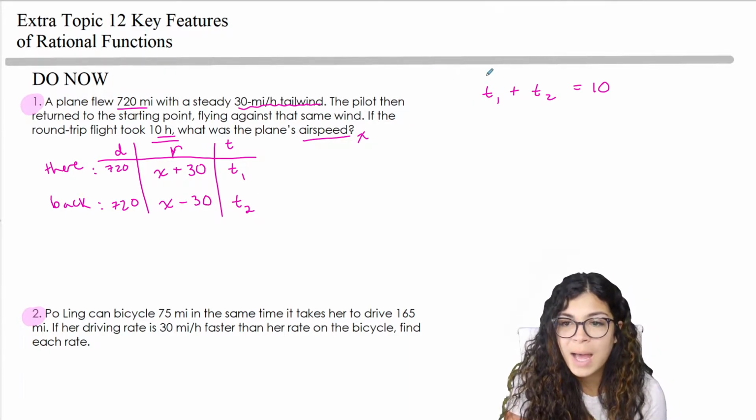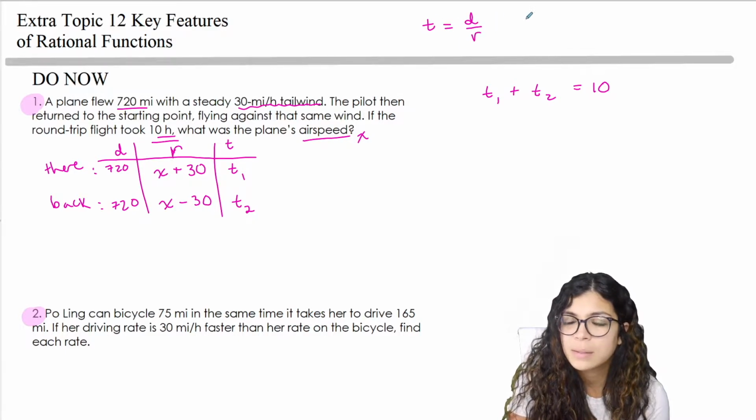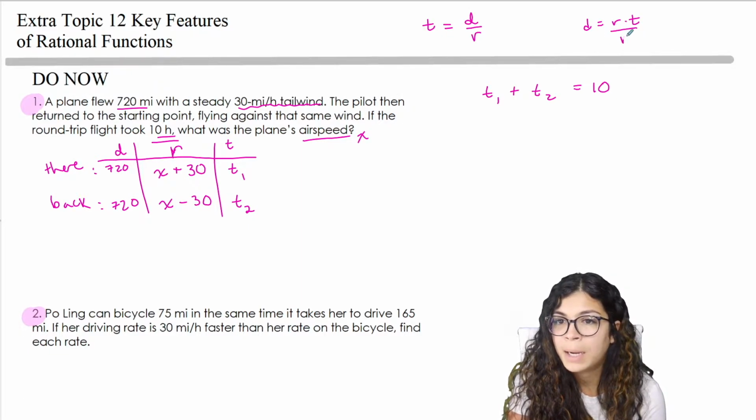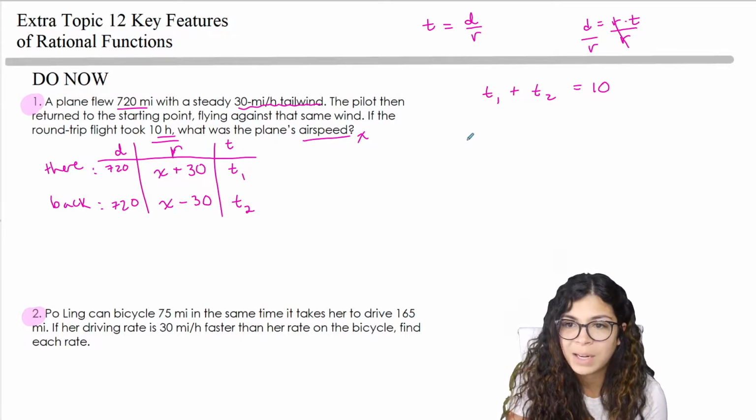Remember that time is distance divided by rate, because distance equals rate times time. If you're solving for time, you divide by the rate. So time equals distance divided by rate.